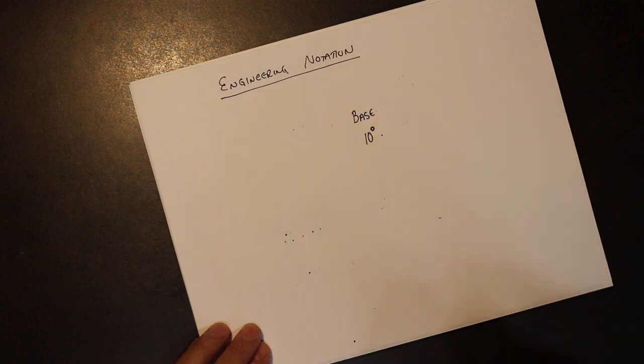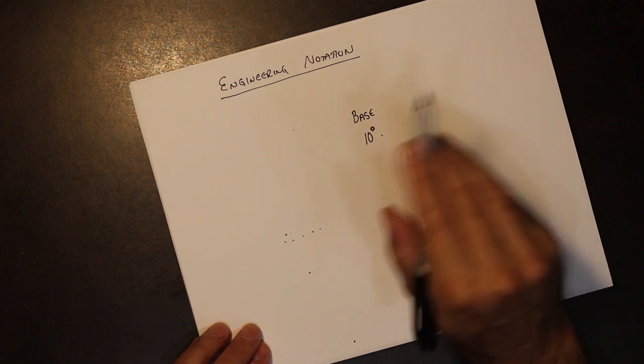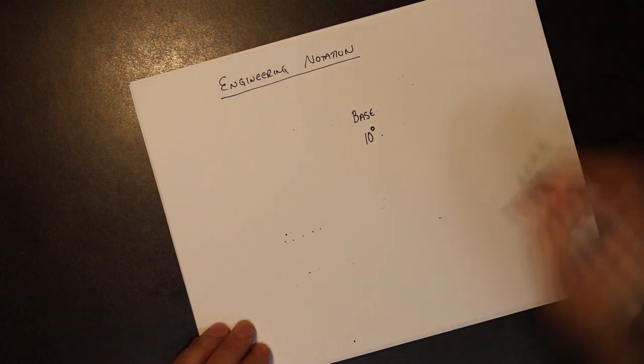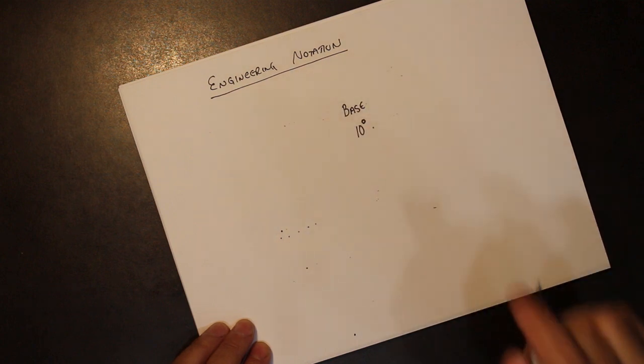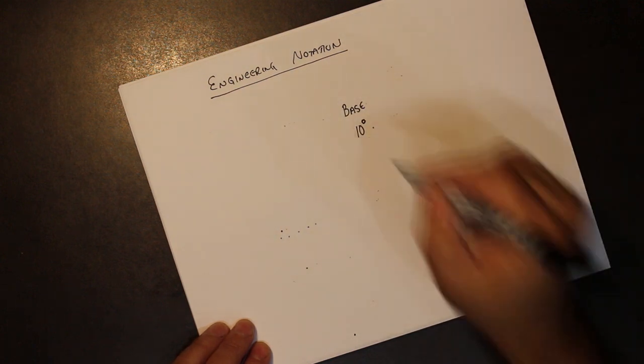So we know that anything to the power of 0 is 1. So if we take any number and multiply it by 10 to the power of 0, it becomes that same number. So that's the base.